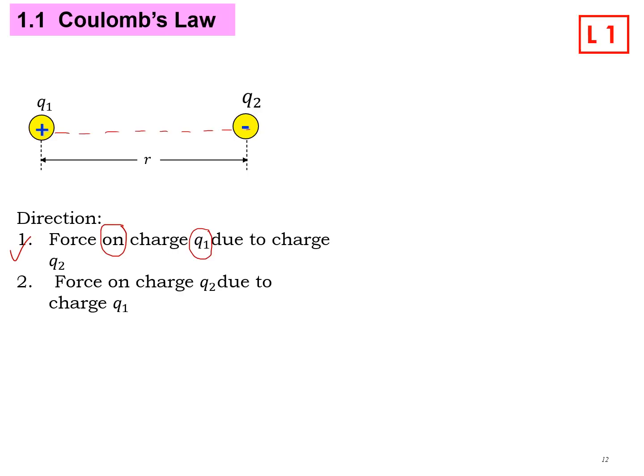So on Q1, you look at both charges. Q1 is a positive charge and Q2 is a negative charge. As you know, if the two charges are opposite to each other, they will attract. So, starting from Q1, you draw the line.